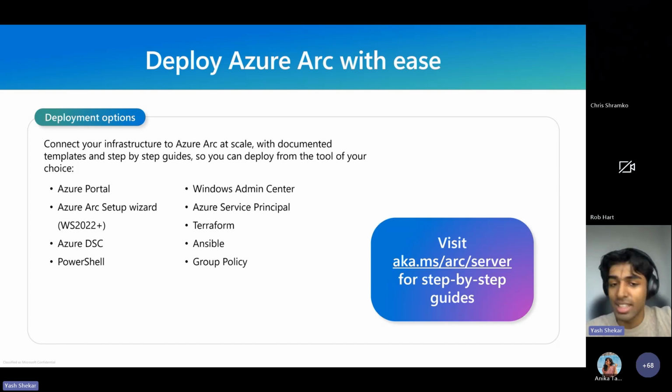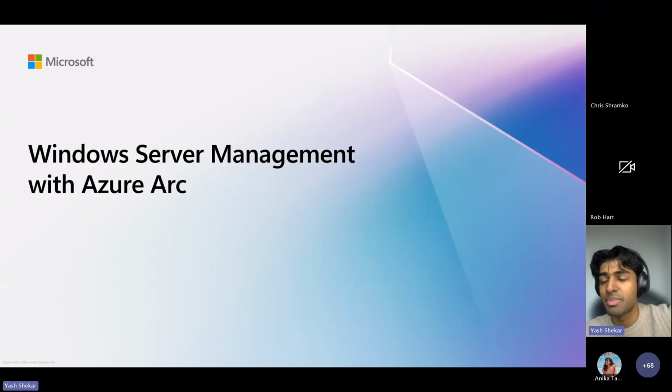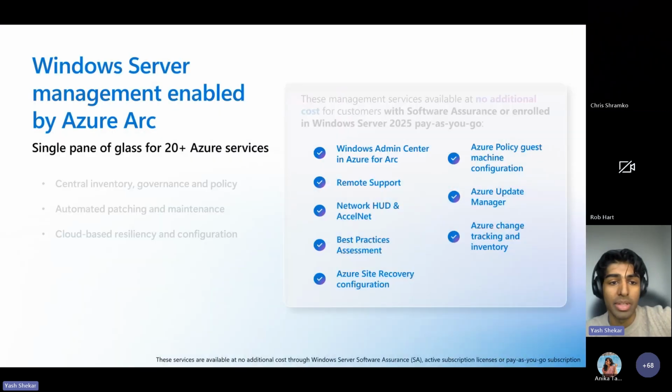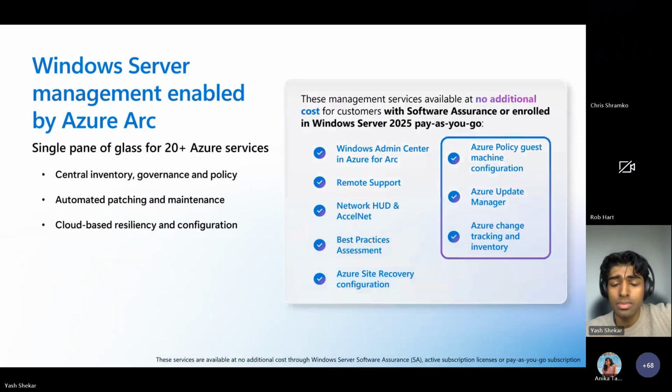And really the exciting stuff that I want to talk about has to do with some of our announcements in the Ignite timeframe. We announced Windows Server Management enabled by Azure Arc. There are a whole slew of capabilities that you might have already tried out. Things like Windows Admin Center in Azure for Arc, as well as Azure Update Manager, Azure Policy, change tracking and inventory.